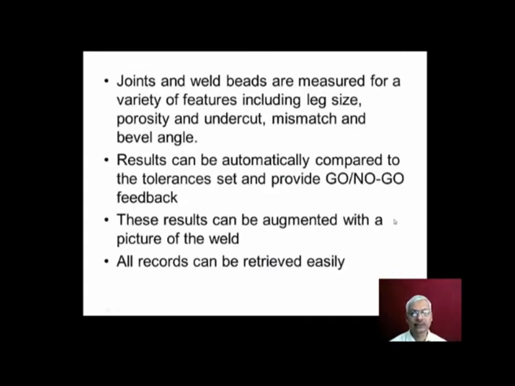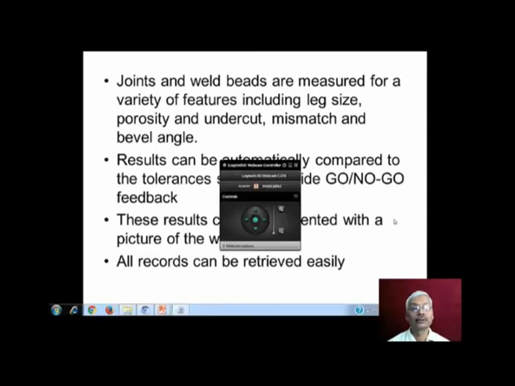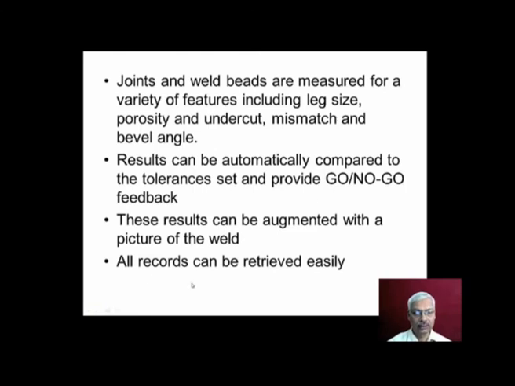Joints and weld beads are measured for a variety of features, including leg size, porosity and undercut, mismatch and bevel angle. The measurement results can be automatically compared to the tolerances prescribed, and the system provides go or no-go feedback. These results can be augmented with a picture of the weld. All the measurement records can be retrieved easily.